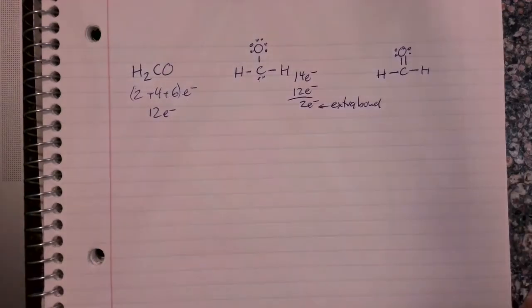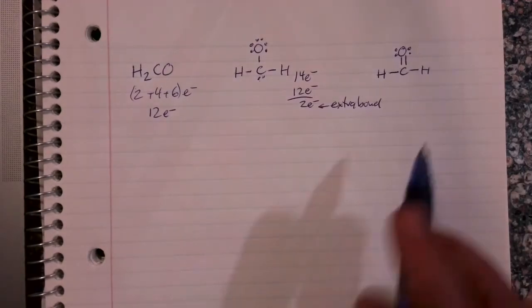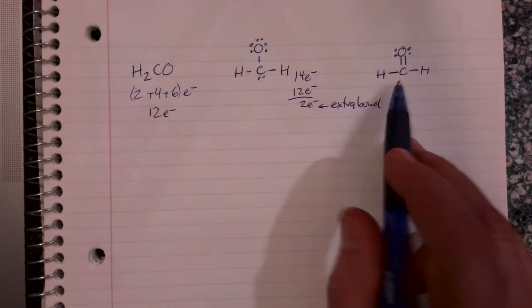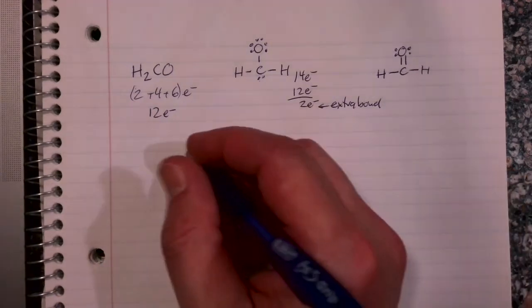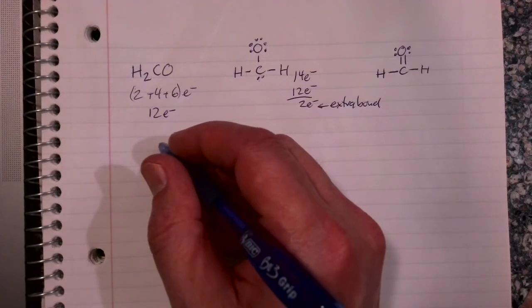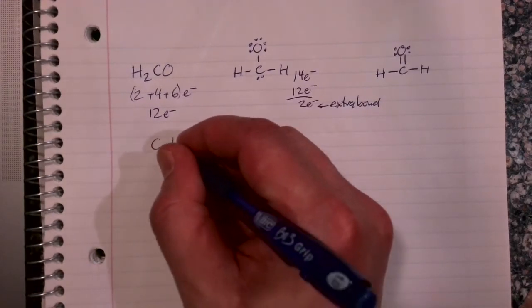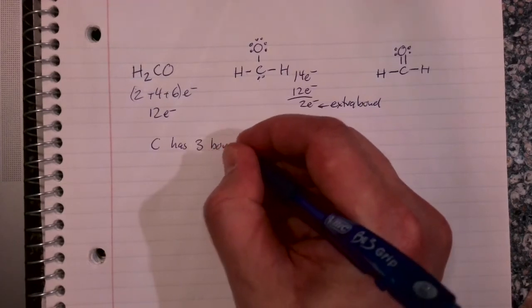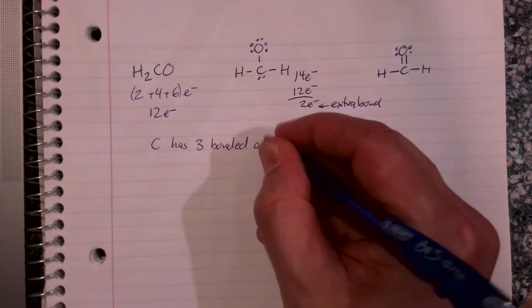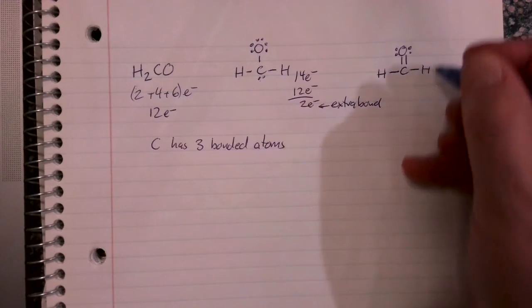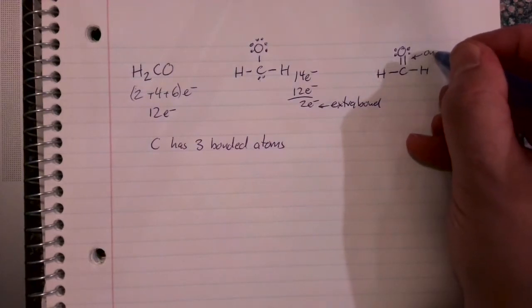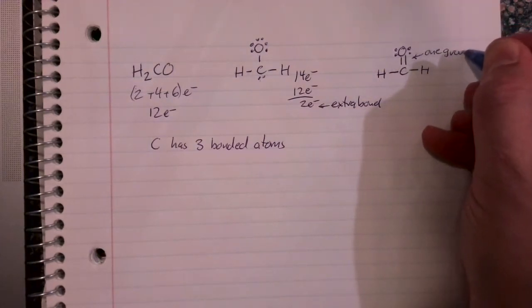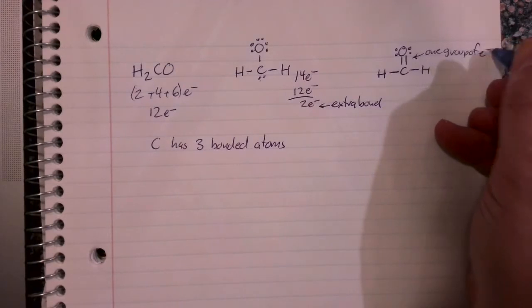And so we always start analyzing the geometry by having a Lewis structure. Now, if I look at this Lewis structure, the carbon has 3 bonded atoms. Now I stopped looking at the bonds because it turns out that this is one group of electrons, right?